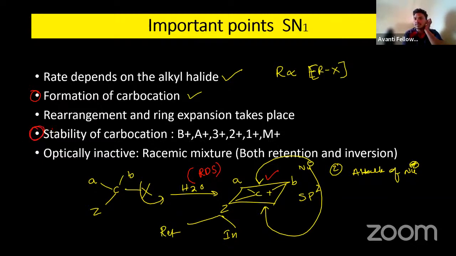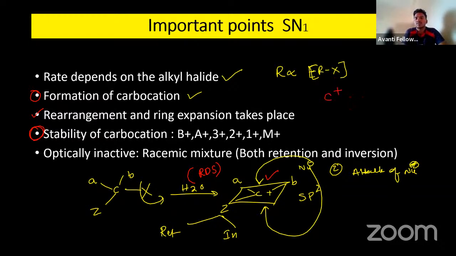In order to attain stability, we go into rearrangement, ring expansion or ring contraction. There are so many ways in which the stability of carbocation can be attained. The stability of carbocation can be explained by the inductive effect, as you may have studied.